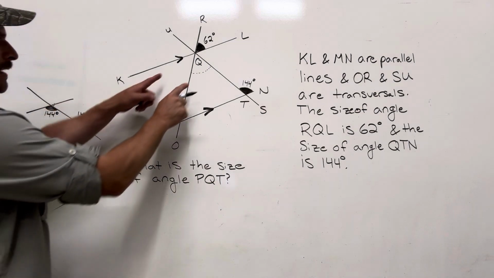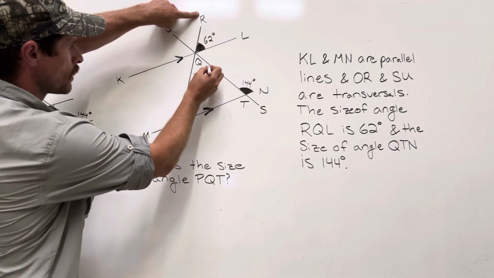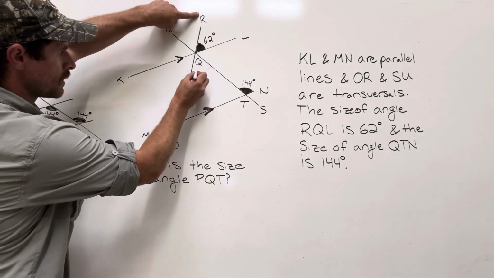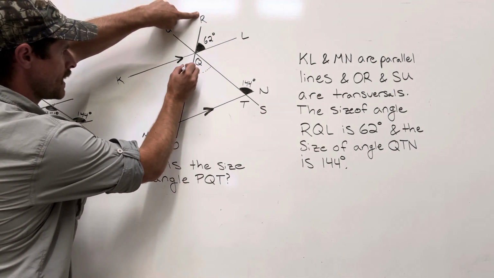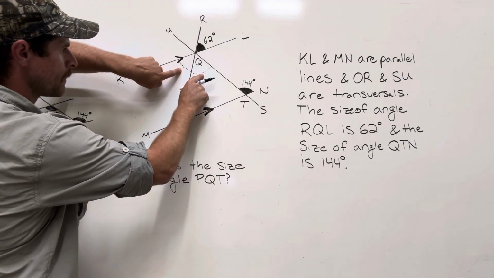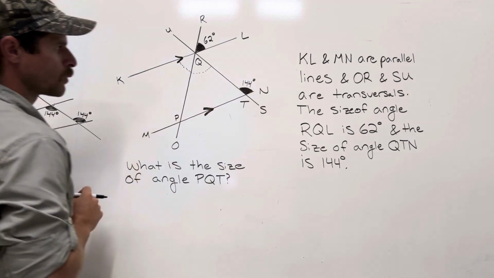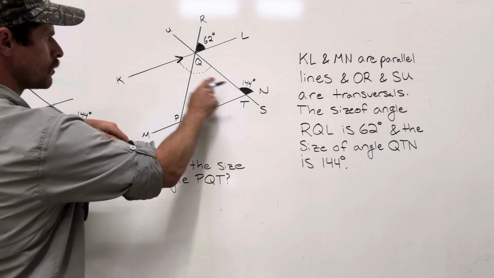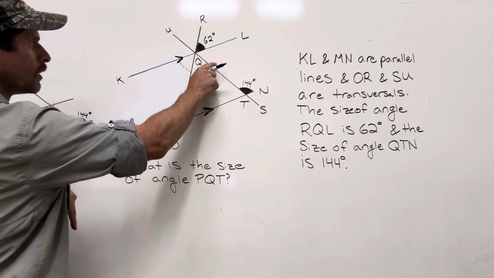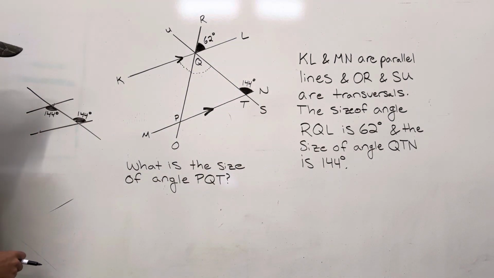But the problem we have up here is if we were to erase OR, we're not just being left with the part that's missing, we also have this extra over here. So we know between this angle and this angle here, if we were to add those two together, we get a total of 144. Notice that that angle and this total angle are alternate exteriors like I'm showing over here in this image.